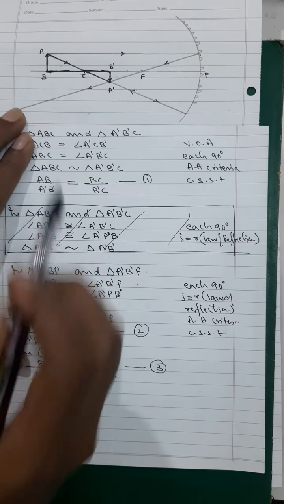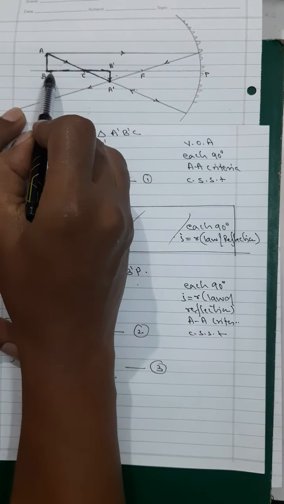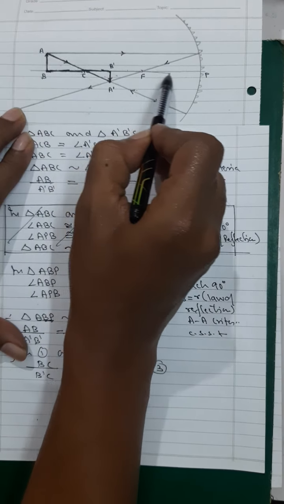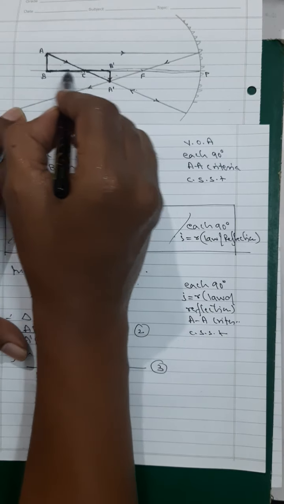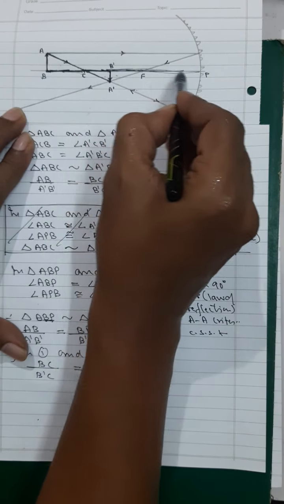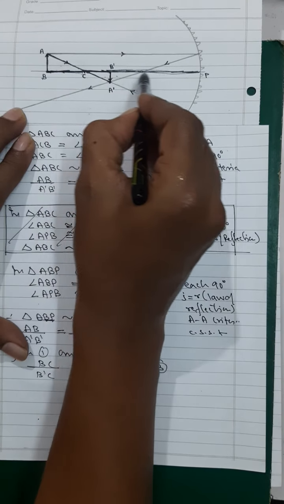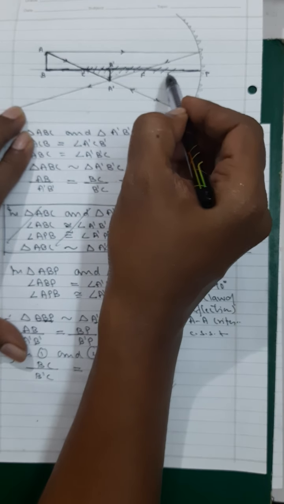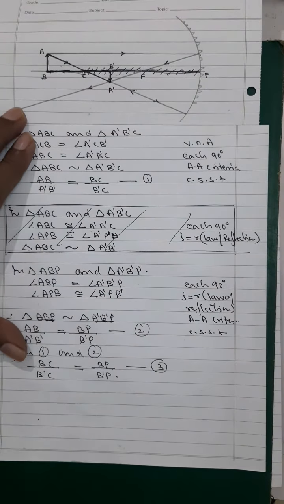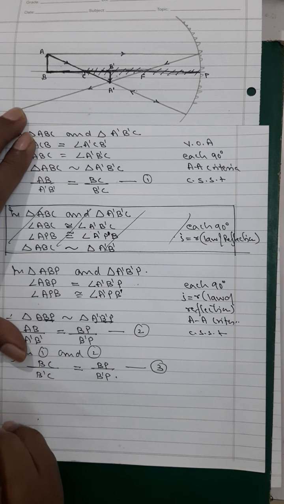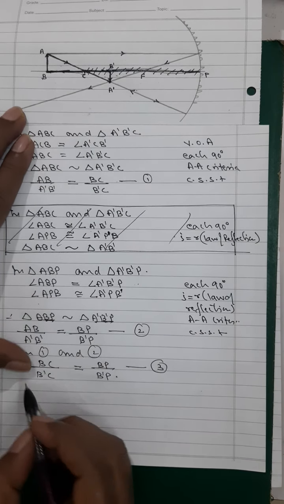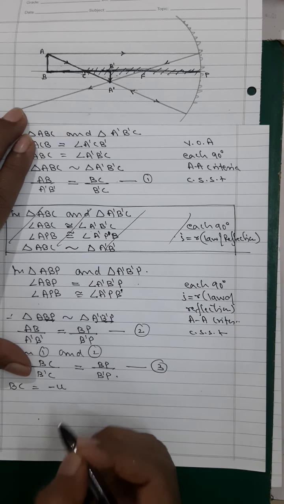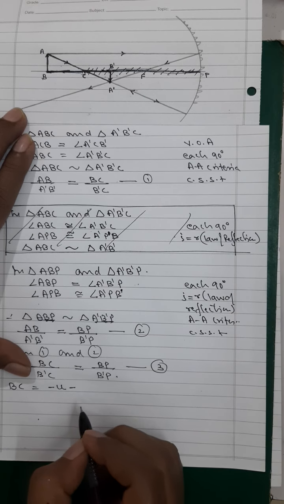This BC is actually equal to this complete BP, from which if I subtract PC. BP is the object distance. So you will get BC is equal to object distance, that is minus u, minus what?